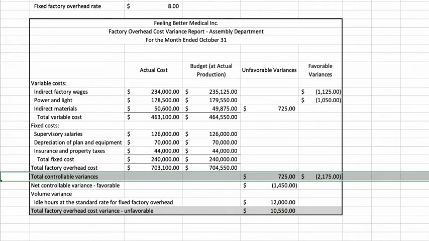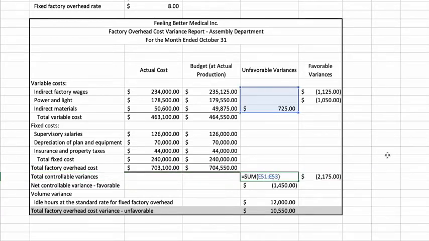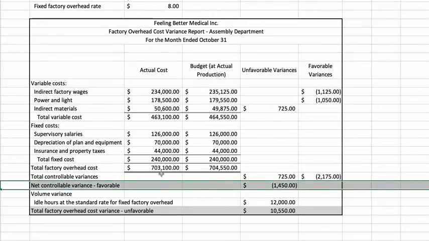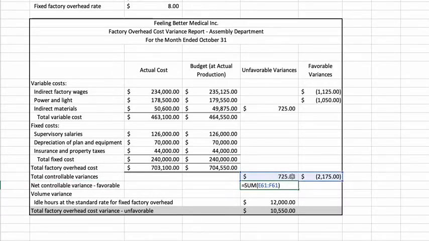Now I'm going to come here to our net controllable variance, and this is just a sum of those two. My favorable variance, again, is just a sum of those. And then my net controllable, I'm just looking at my unfavorable and my favorable variance, and that gives me my net controllable variance.